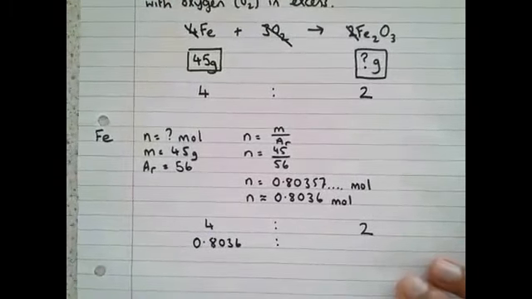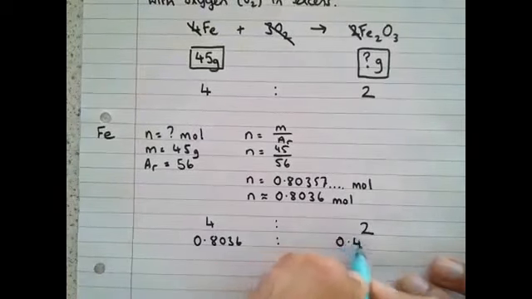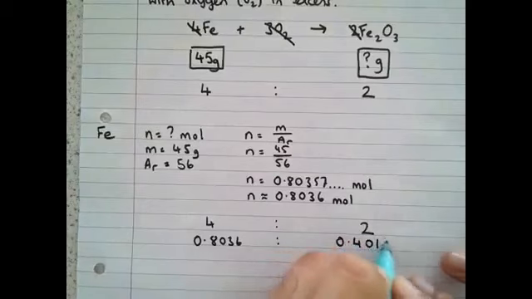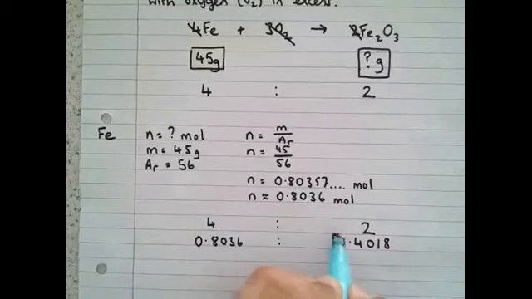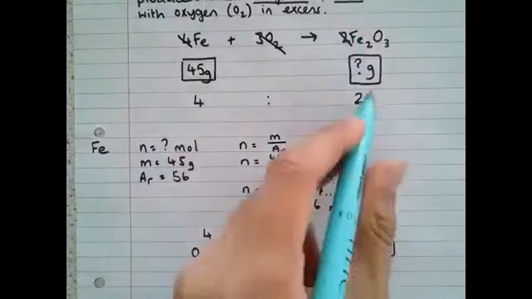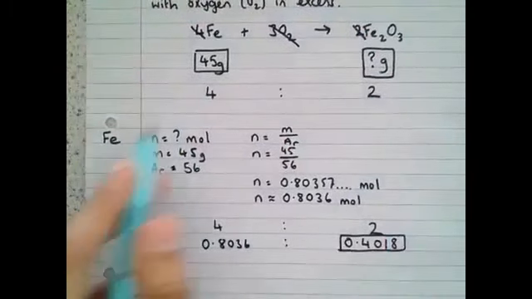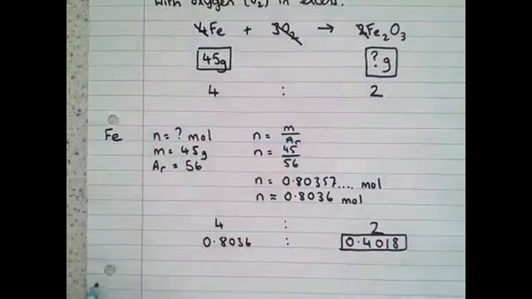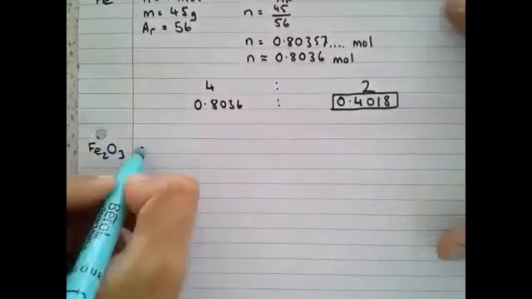So that means you need half of these moles, as you see. So if you say 4:2, now 2 over 4, that means you're having half of that. So 0.8036 will be giving us half of that value. That's 2 over 4 times 0.8036, which will be giving us 0.4018. So you need 0.4018 moles of iron oxide.